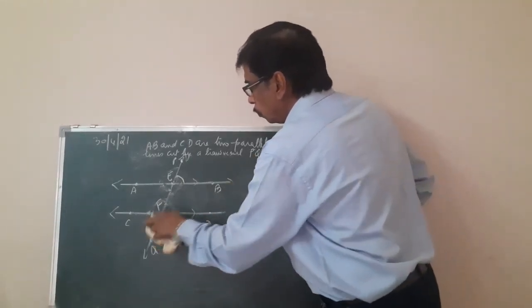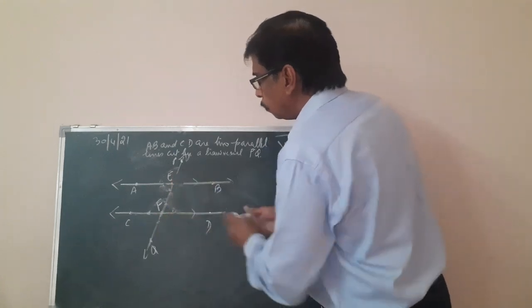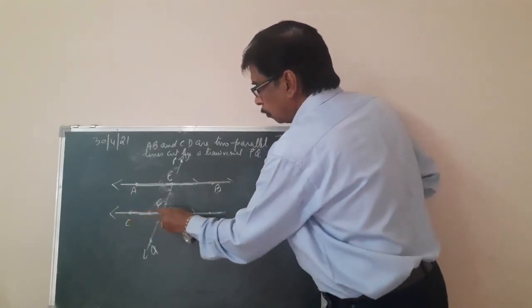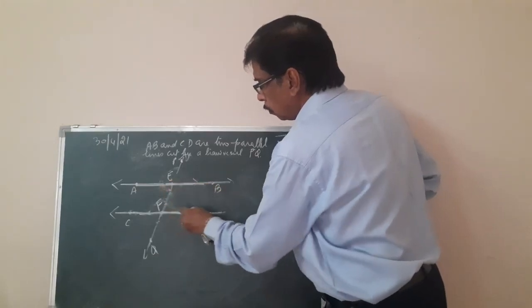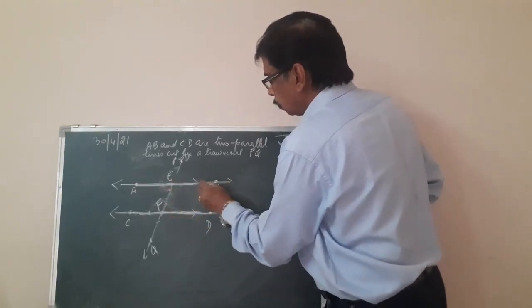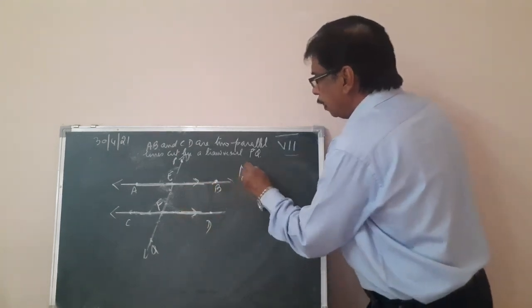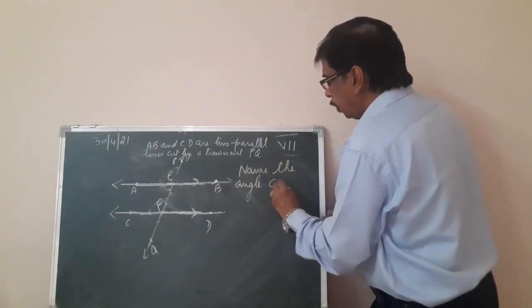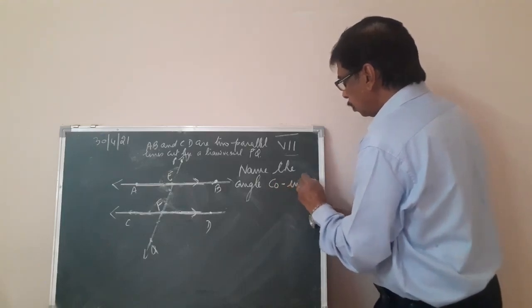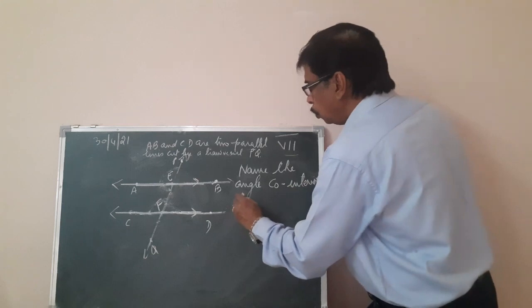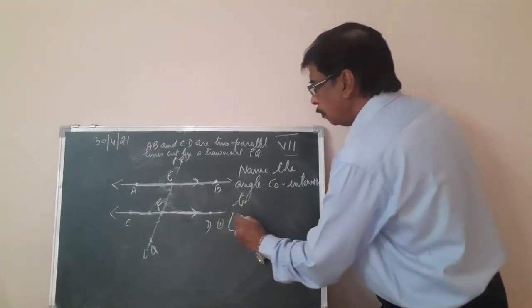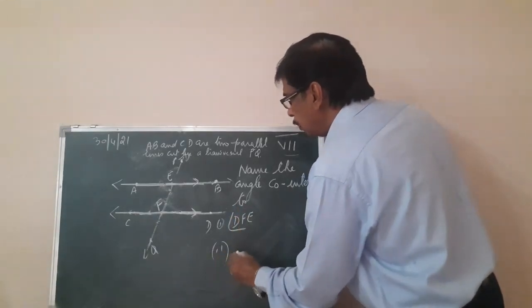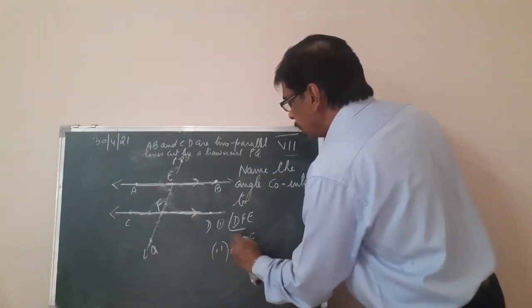Now, name the angle co-interior to, first one is angle DFE and second one is angle CFE.